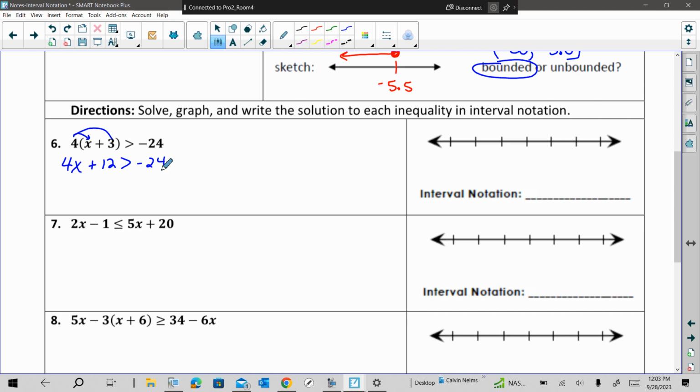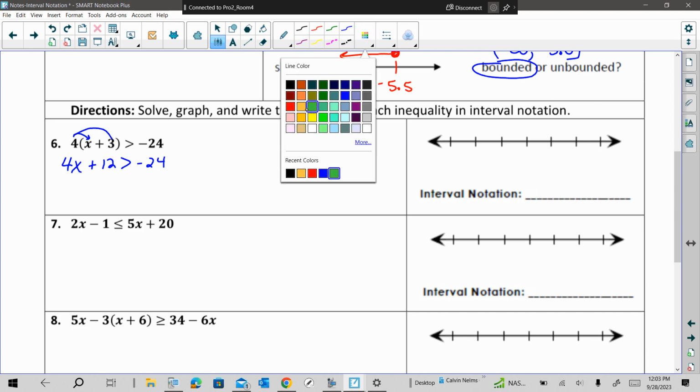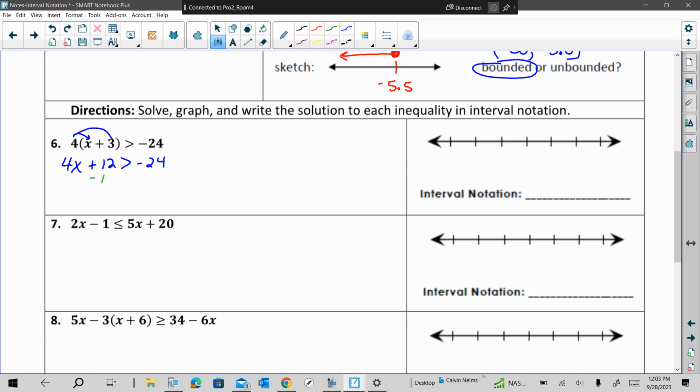The goal is to get the x term, which is just 4x, isolated. With the x term is a plus 12. That's a constant. So to eliminate that constant, we need to do the opposite, which means we're going to have -12. Now we have 4x is greater than -36.